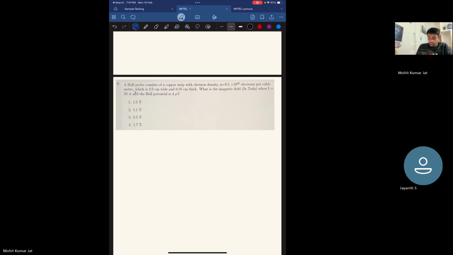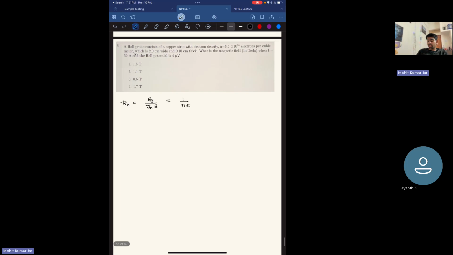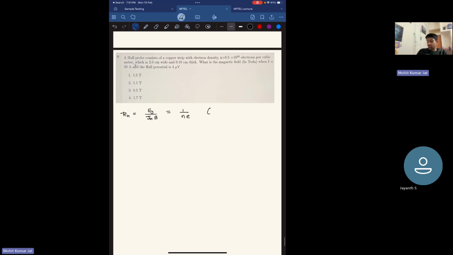Now we have not been given RH, but we know that RH is EY by JXB, which is equal to 1 by NE. If you substitute the EY and JX values, this has been done in the class.